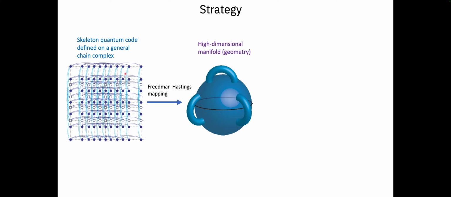And once you have the geometry as a background, you can try to define non-abelian gauge theory. The original quantum code can be thought of as a Z2 gauge theory, but it's used to build this manifold. And once you build it, you can define the non-abelian theory.